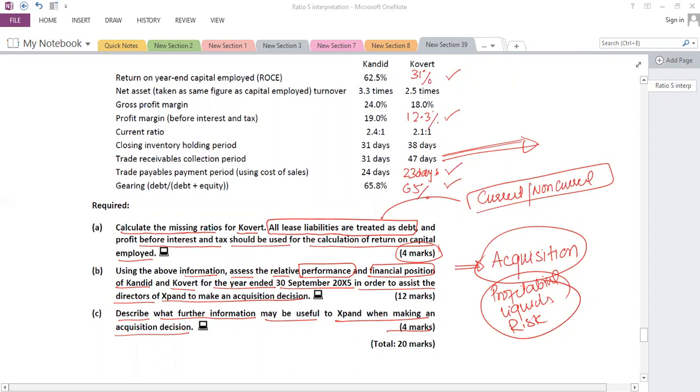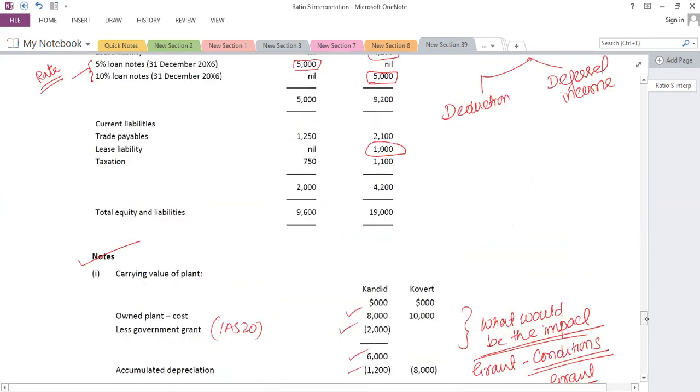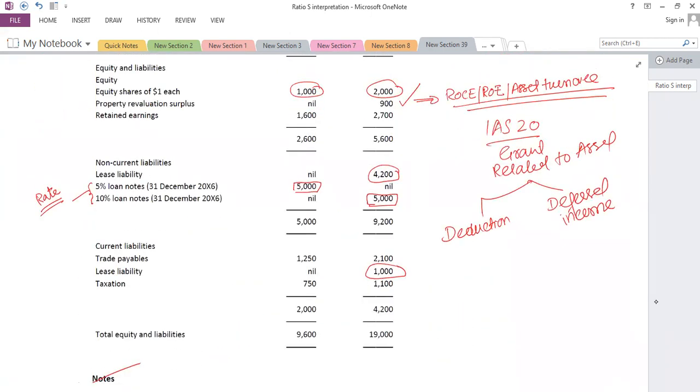It means that one company's gearing is due to leases. And whenever you talk about debt financing, also look at the repayment of debt. Do we have information about the repayment? Yes, we have information.